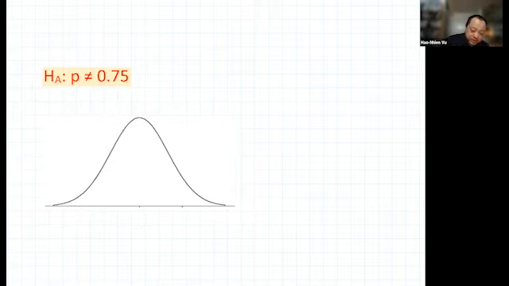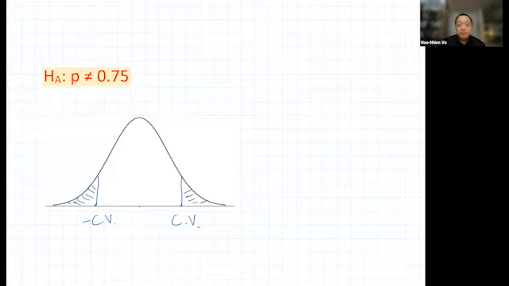So we're looking at a situation where being greater than the critical value is perfectly fine, or being less than the critical value on the left side is perfectly good as well. And the total area will have to be alpha, so each of them is alpha over 2.